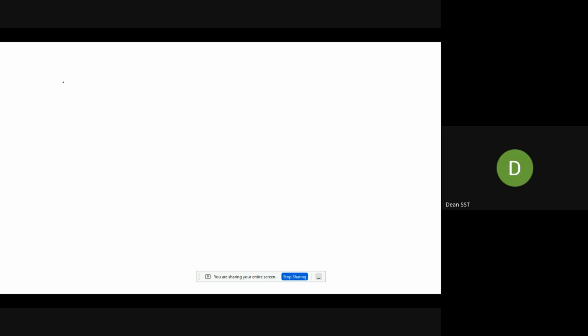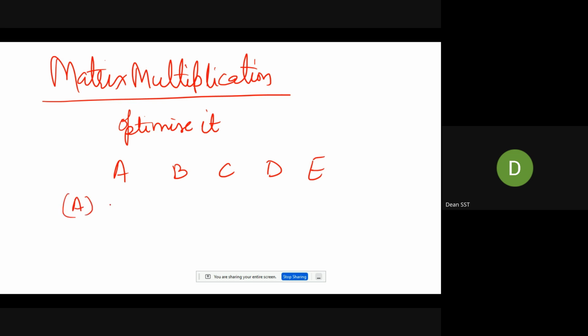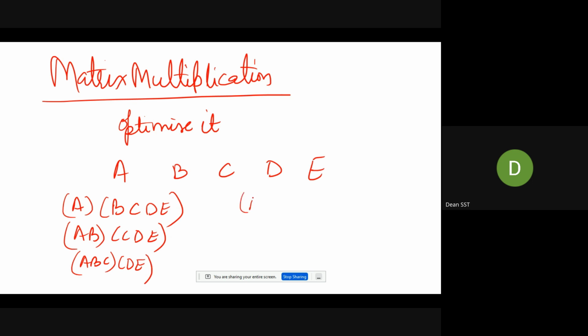So we are doing matrix multiplication and we want to optimize it. How do we want to optimize it? Suppose we have matrices A, B, C, D, and E. There are different possibilities. We can multiply them in different groupings like A, B, C, D, E, and so on.